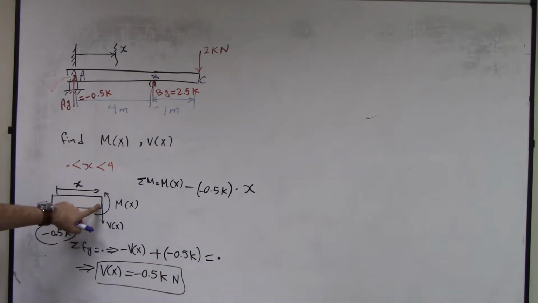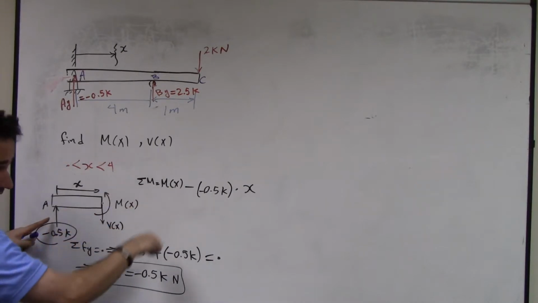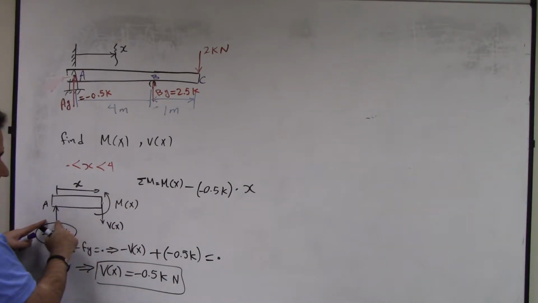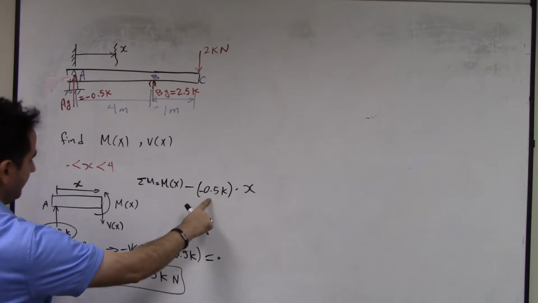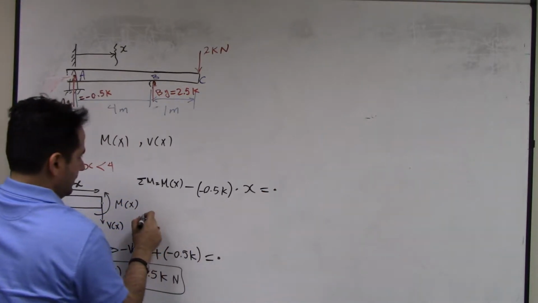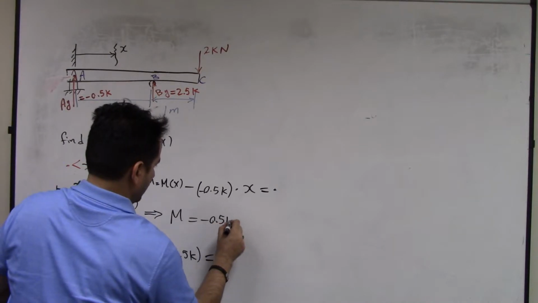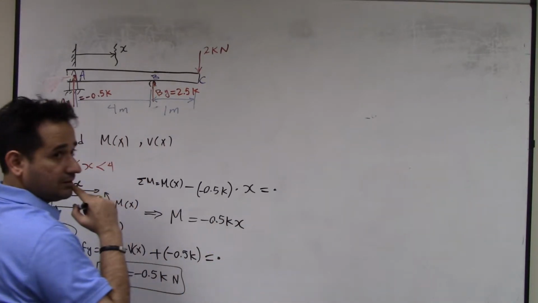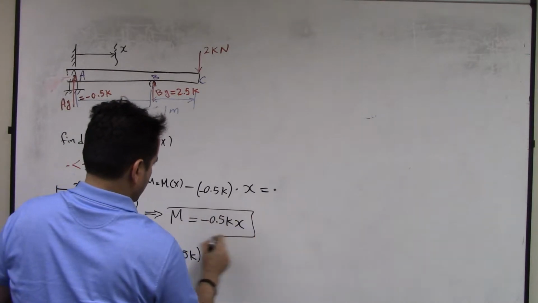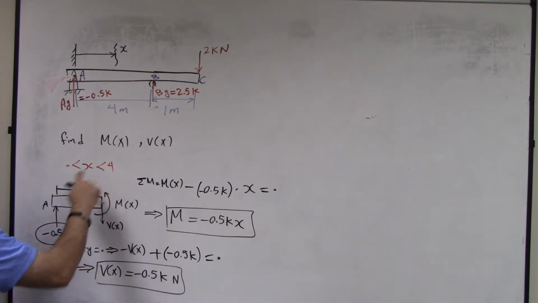You see, Mx positive. This one going clockwise, negative. X times its value, negative, x times its value is also negative. Negative times negative is positive, equal to 0. That means moment becomes negative 0.5 kx. Right? If you can see, the derivative of moment is shear. So now it makes sense. This is between 0 and 4.